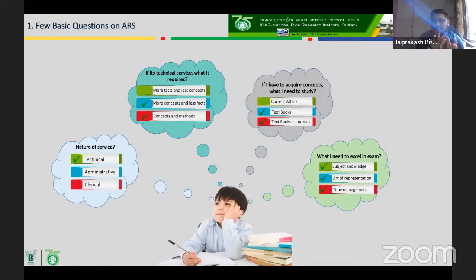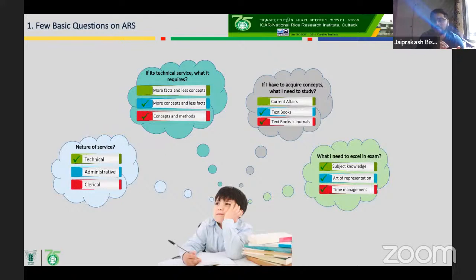Many of the students might think, what should I read? Should I read current affairs like other aspirants for different competitive exams? Some are preparing for administrative services, and some of you may be preparing for banking, and for that you read not only the technical subjects but also current affairs.